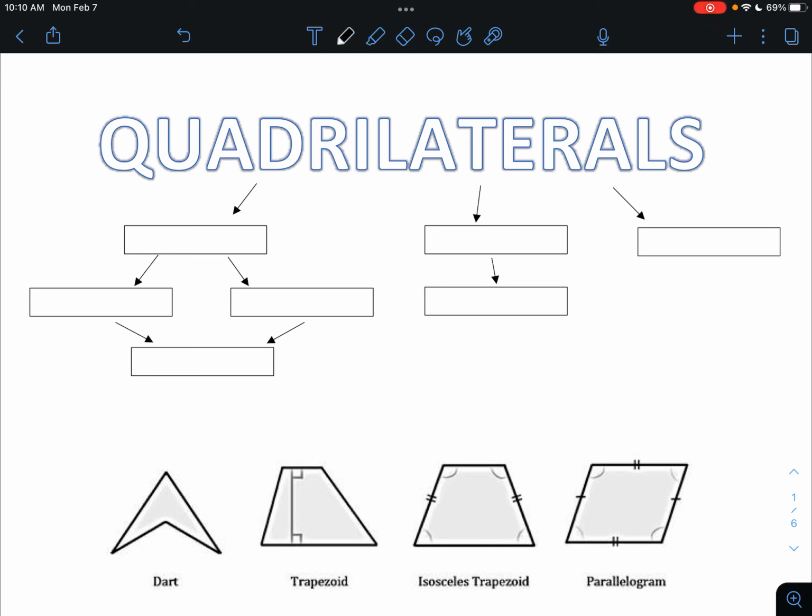Let's get started. Okay, so the first thing we're going to do, we're going to fill in this first box here. We're going to fill this in as we go through the notes, and we're going to actually use this packet for the rest of the unit. So in this first box, we're going to put the first type of quadrilateral, and that is a parallelogram.